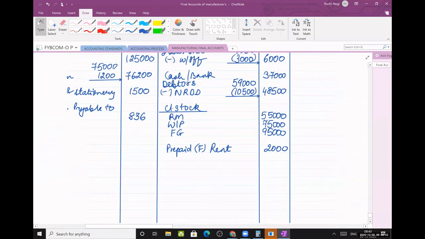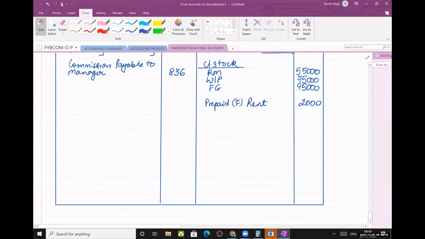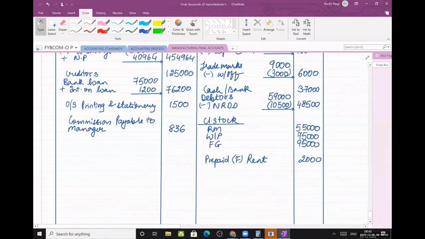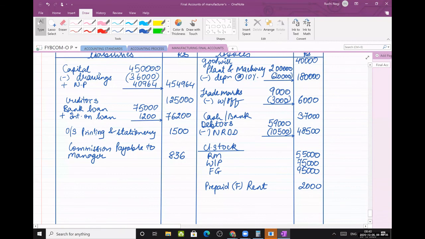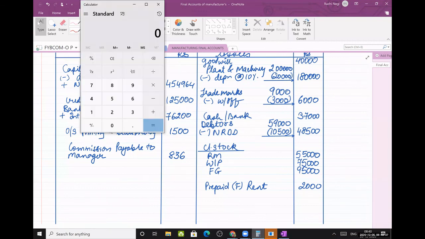Okay. Then close this. Let's see. 40,000 plus 1,80,000. 1,80,000 plus 40 plus 6,000 plus 37,000 plus 48,500 plus 55,000 plus 75,000 plus 95,000 plus 2,000.